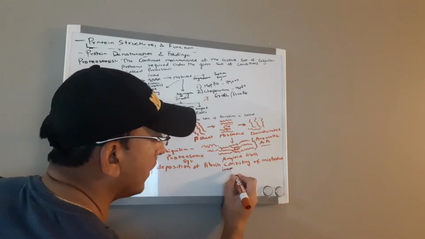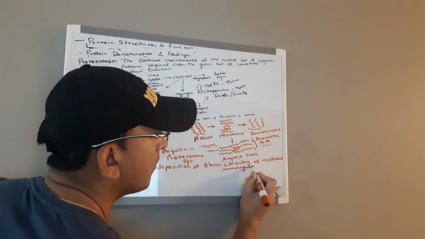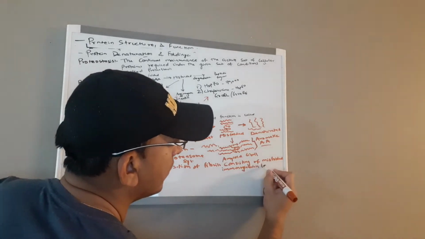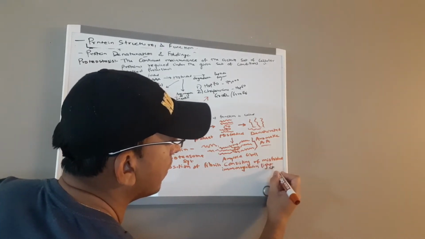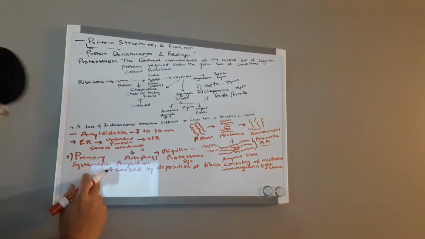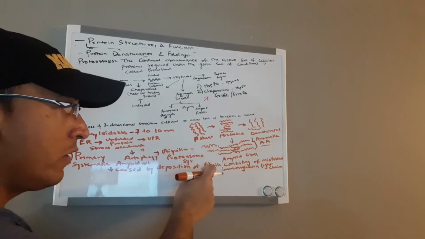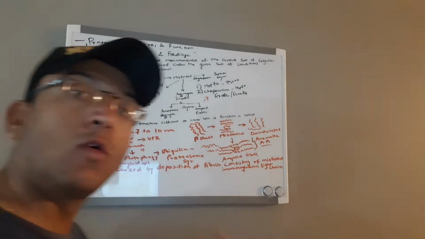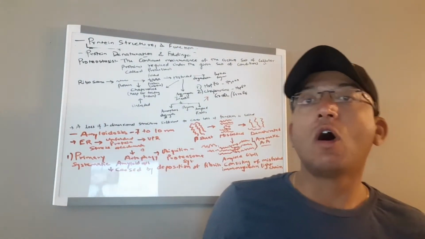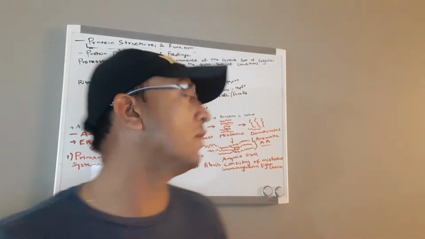So this primary systemic amyloidosis is caused by deposition of amyloid fibrils that will have misfolded immunoglobulin light chains or a fragment of light chain that is derived from proteolytic degradation.